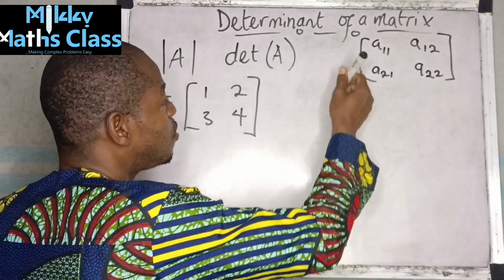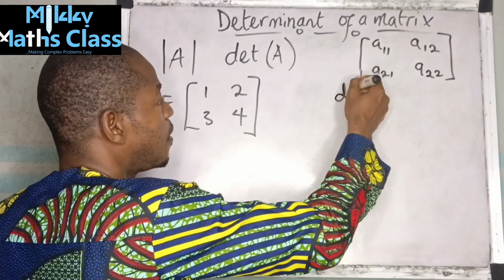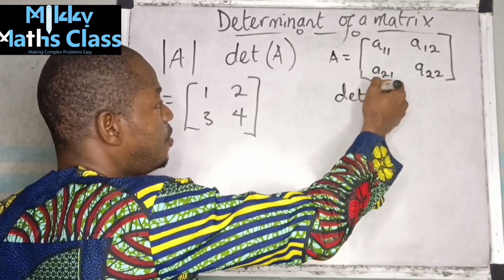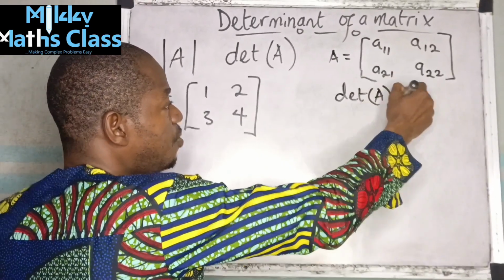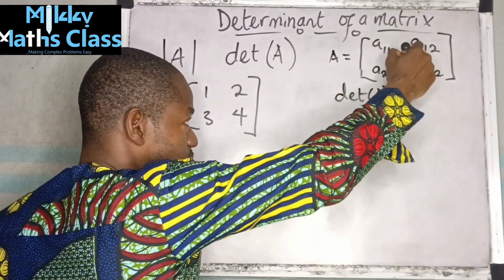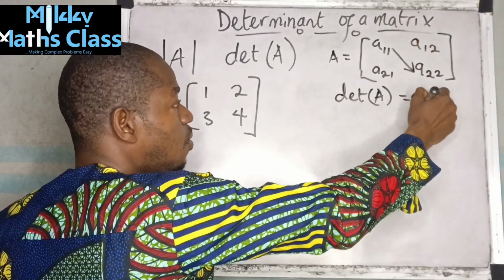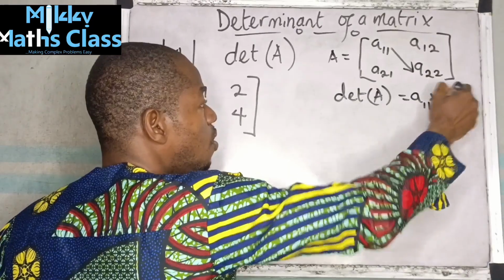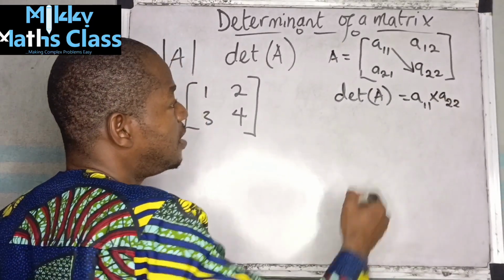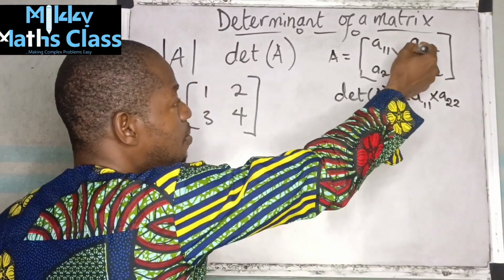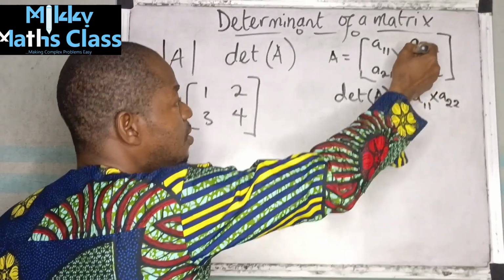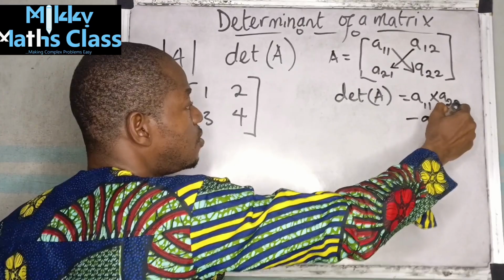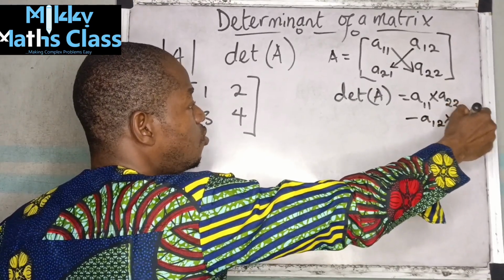The determinant is gotten from this matrix. Let's say this is A. Determinant of A will be equal to this A11 element times A22, then minus element A12 times element A21.